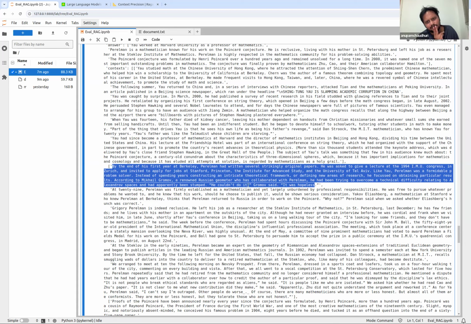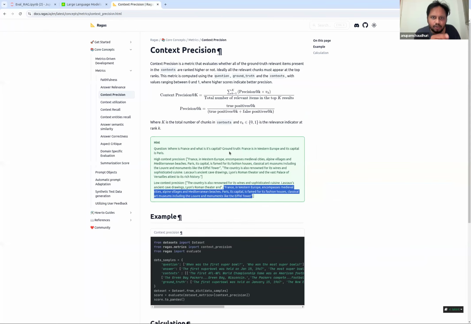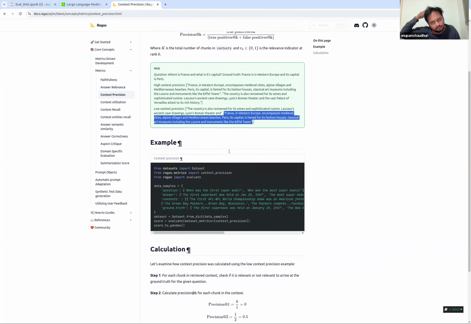Or maybe the denominator will be 5, but the chunk that was relevant is only 1. Like total number of relevant items in the top K result, so that is 5. But only one chunk has the answer, so maybe 1 by 5 is 0.2.